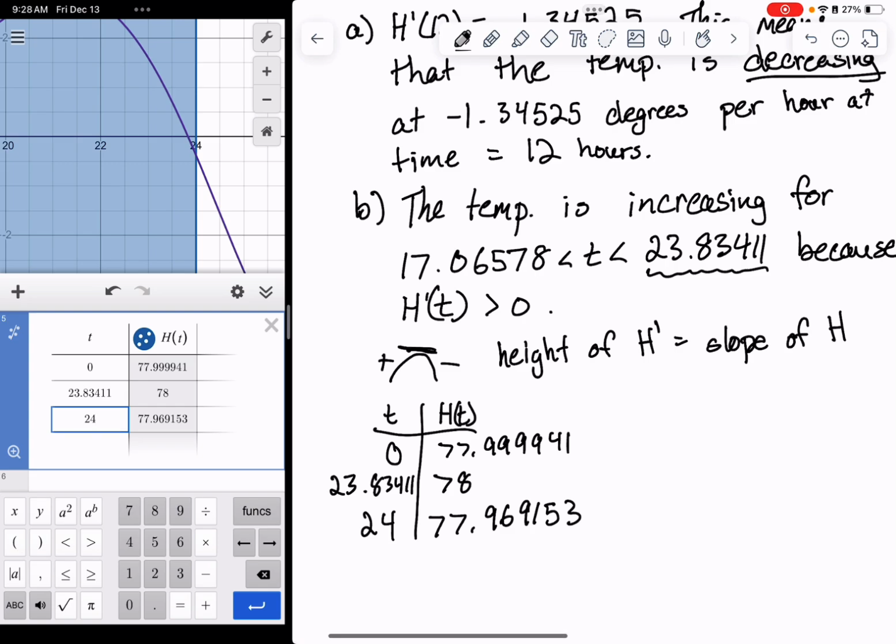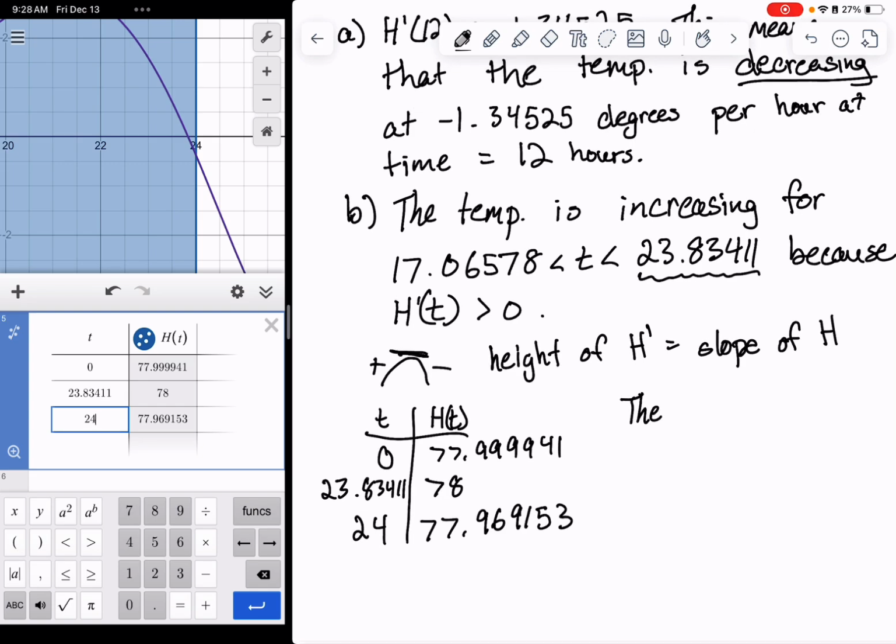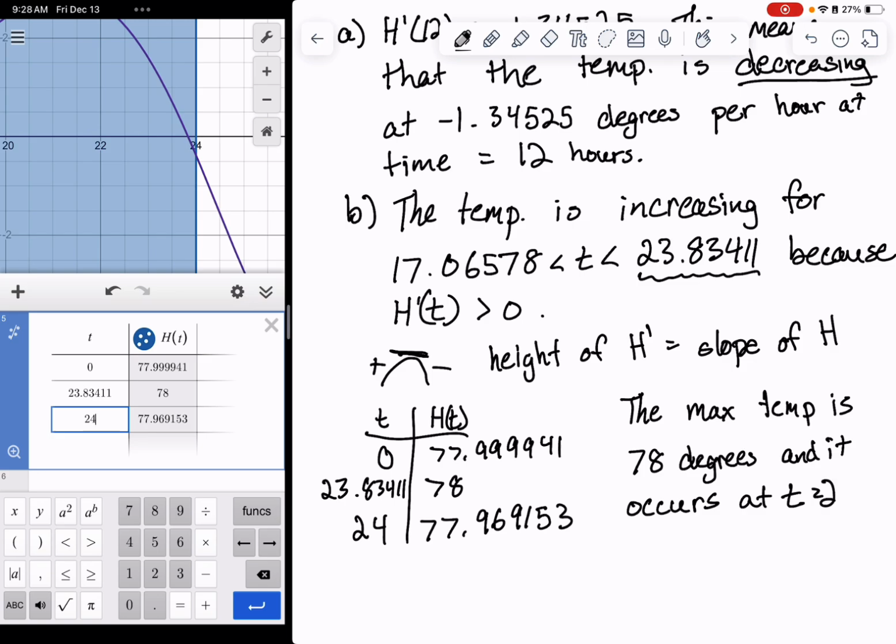And so now our statement is going to be the max temperature is 78 degrees and it occurs at t equals 23.83411.